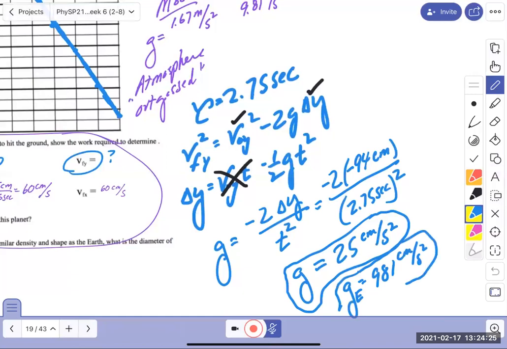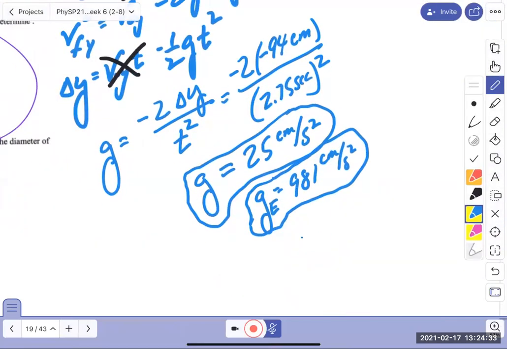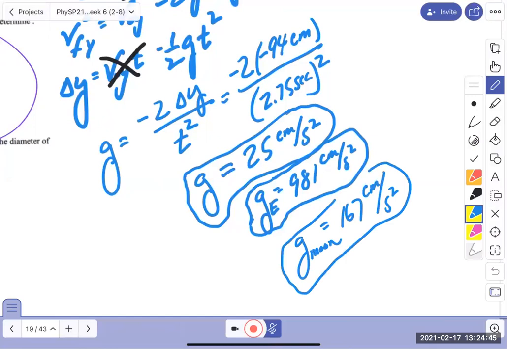In fact, calling it a planet, I think, is a joke, because the g of our moon is 167 centimeters per second squared. So this planet is more like an asteroid, and that is a really small amount of gravity.